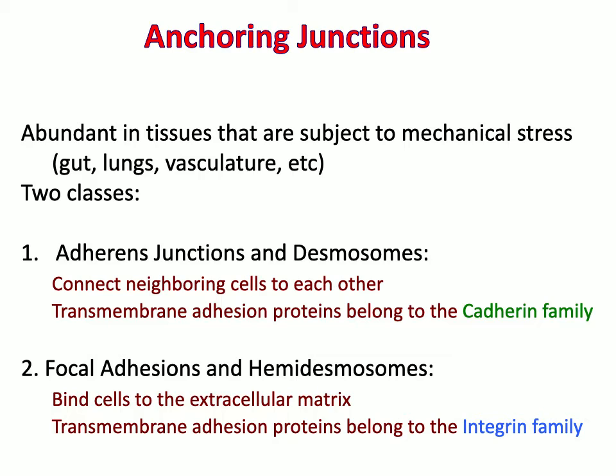Adherens junctions and desmosomes connect cells to the neighboring cells, and they utilize the cadherin family of proteins. In contrast, the junctions that bind cells to the extracellular matrix, focal adhesions and hemidesmosomes, utilize integrin proteins for these attachments.